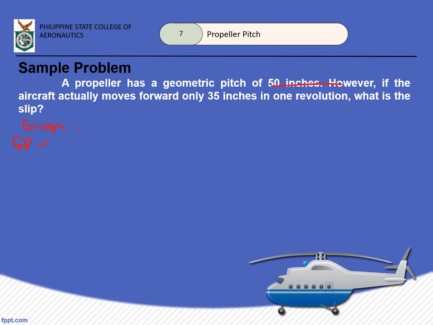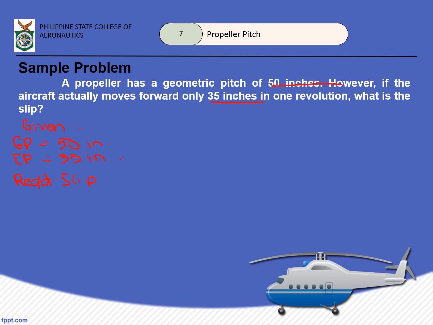Then, effective pitch. Ano yung effective pitch natin? 35 inches. Since di naman nilagay dyan na effective pitch siya, pero, by definition, it is how much the aircraft actually moves. Okay? So, we are required to find the slip.